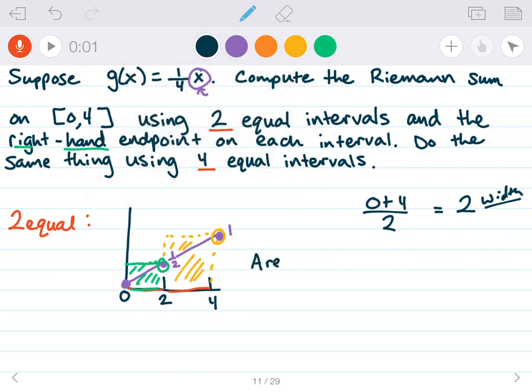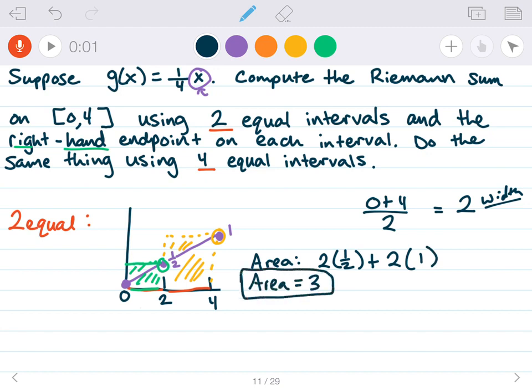For 2 equal intervals, my width for the first one is 2, and my height is a half. Plus, again the width is 2, and this time the height is 1. This gives me an area of 3 using the right endpoints.